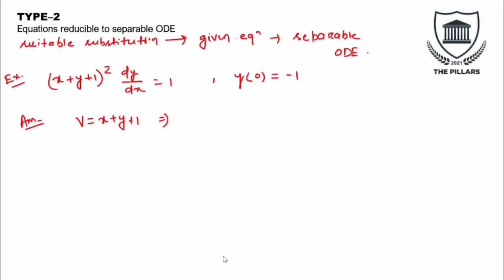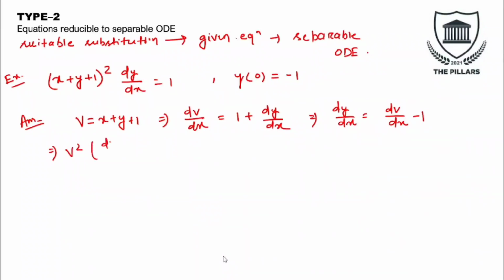After differentiating both sides with respect to x, you will get dv/dx is equal to 1 + dy/dx. Now we can write dy/dx as dv/dx - 1. Now substitute all these things in this equation. We will get v^2 (dv/dx - 1) is equal to 1.